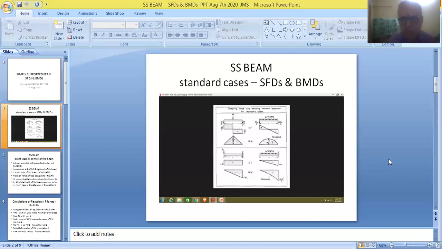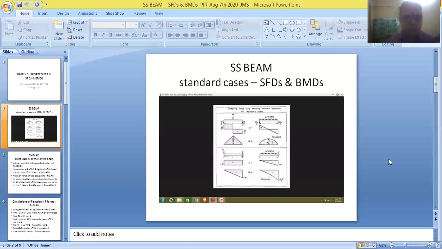That means the point load is acting at the center of the beam. So this way, we have to divide the length of the beam into several portions.